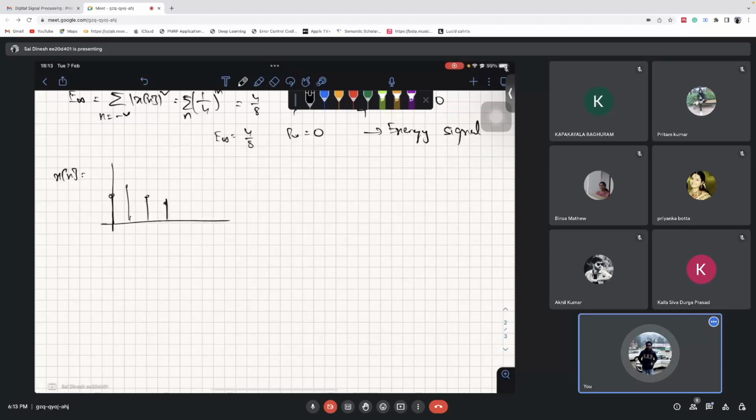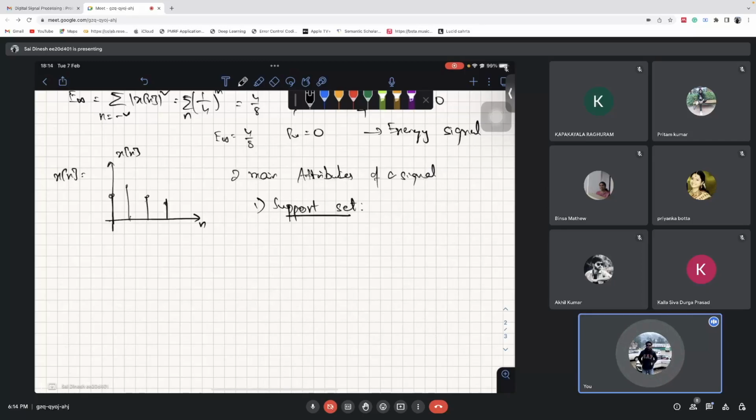So this is a signal x of n that I have, and this is a discrete signal. Two main attributes of a signal: one is the support set.